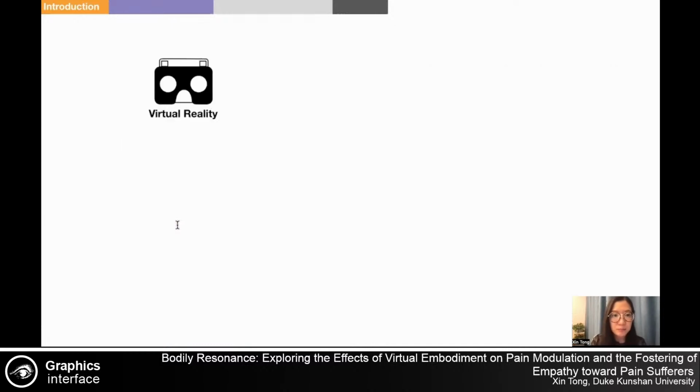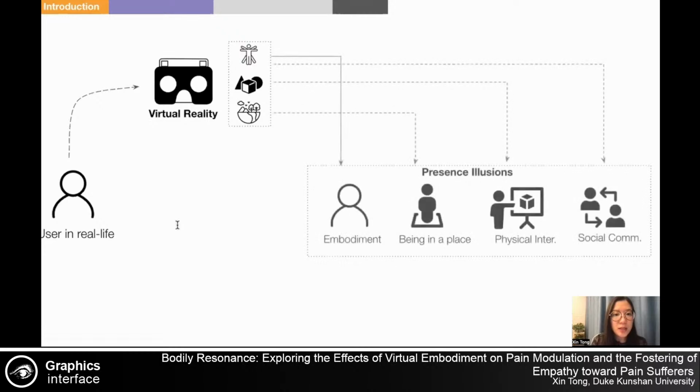Why study them? VR is an interactive simulated environment that provides multisensory feedback. Users interact with VR, seeing an environment or interacting with virtual objects. Users then receive multisensory feedback from VR and have a presence illusion in the VR world.